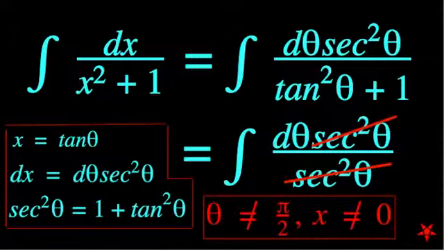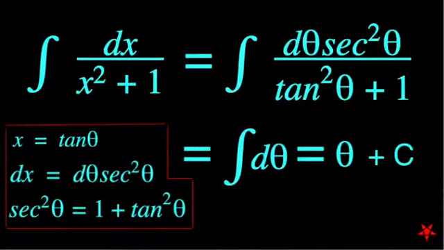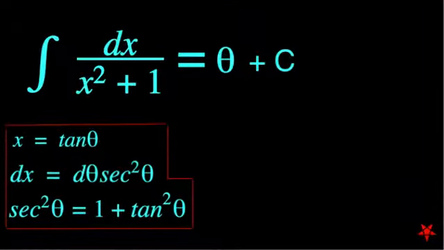And having done that, we get an ultra simple integral on the right hand side. And then of course we can find theta by inverting the relationship between x and theta.